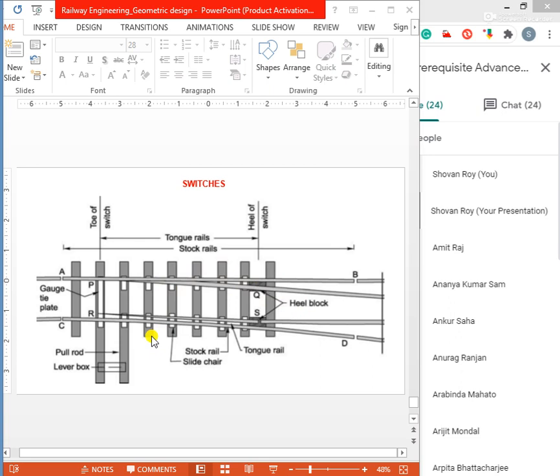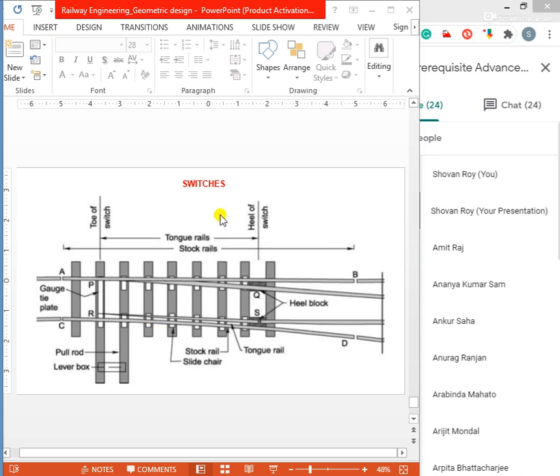Some machine vehicles are there, and day by day new machines are coming. So the details of the machines are not included in our syllabus. Just the basic things which are normally used till date are important for our study.